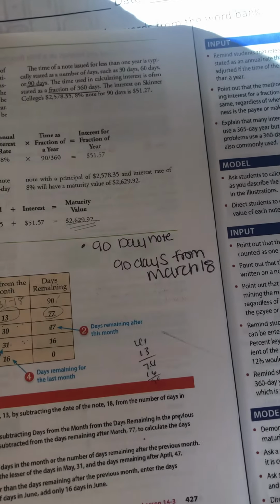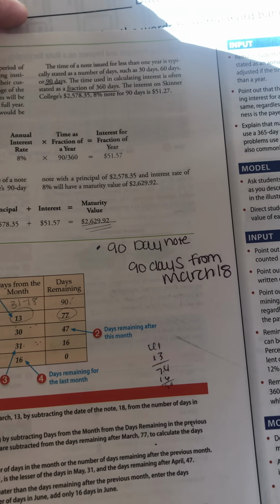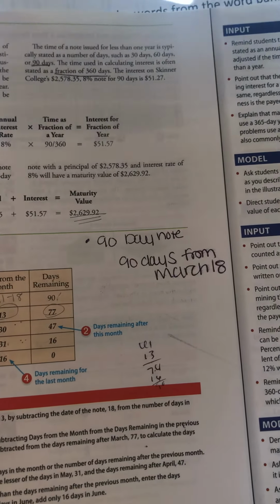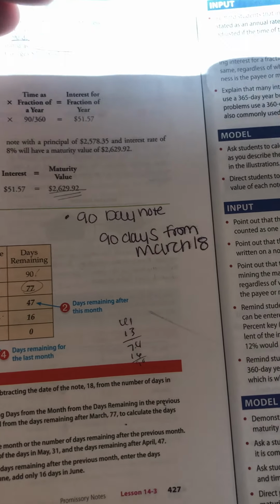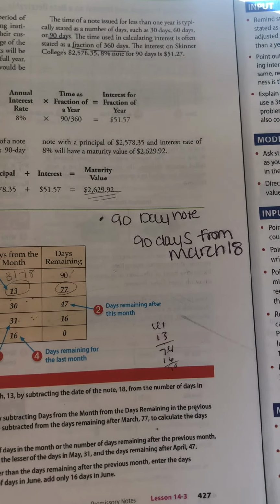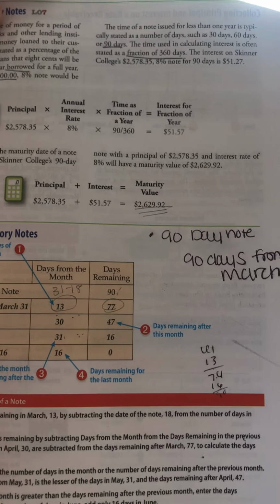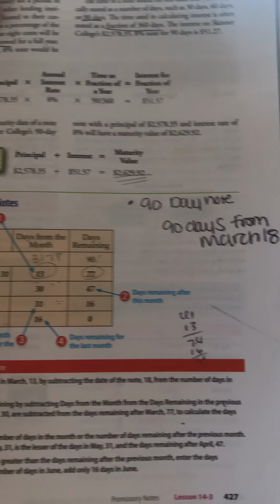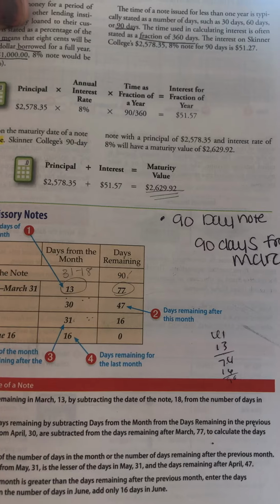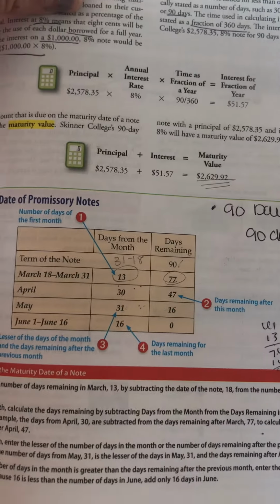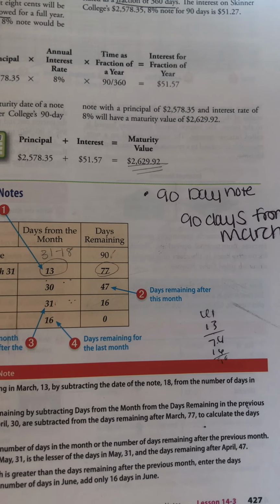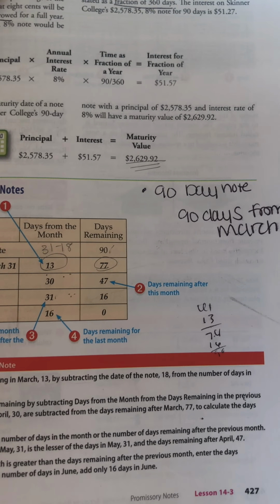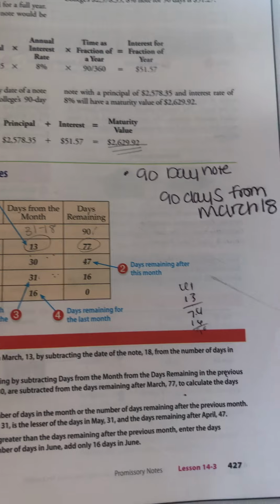The time used to calculate the interest is however many days they take the loan out, divided by 360 days. So if somebody had an 8% interest rate, that means that for each dollar borrowed, they're going to pay about 8 cents.